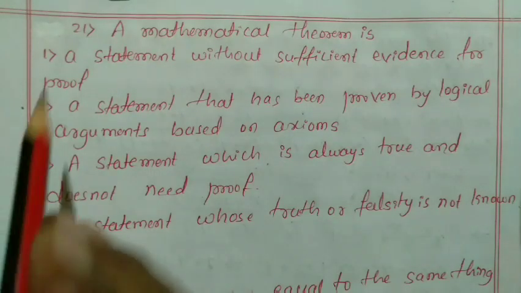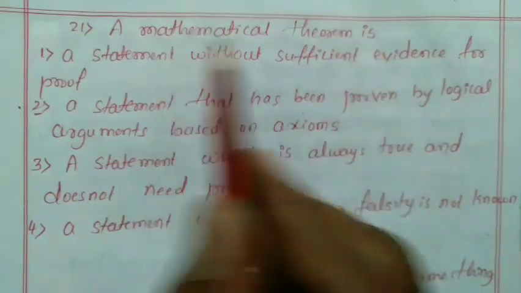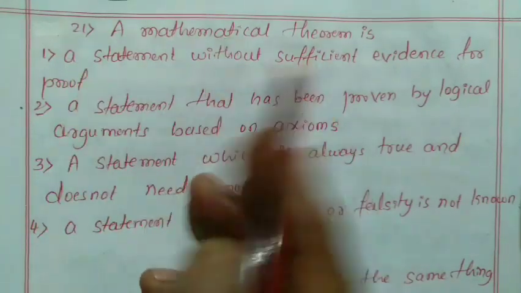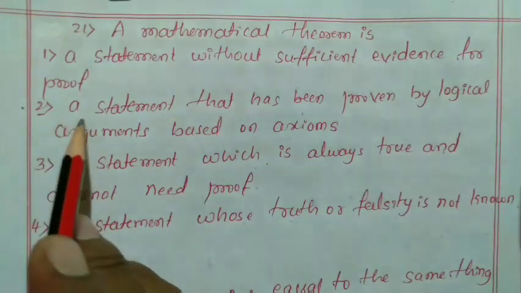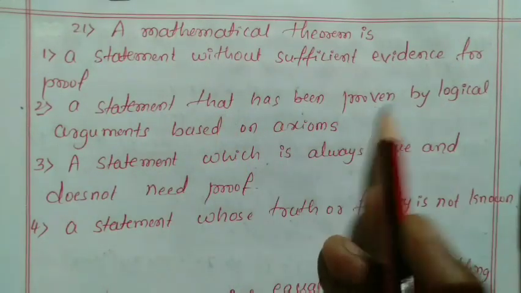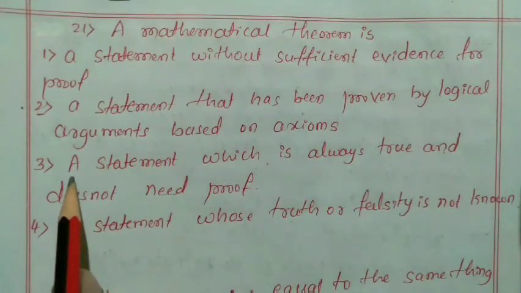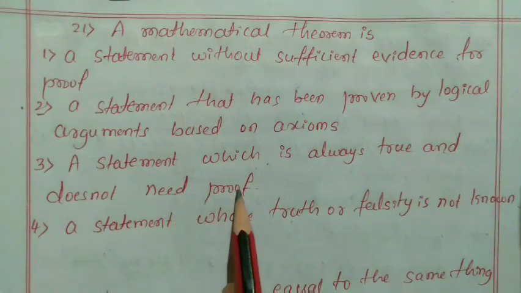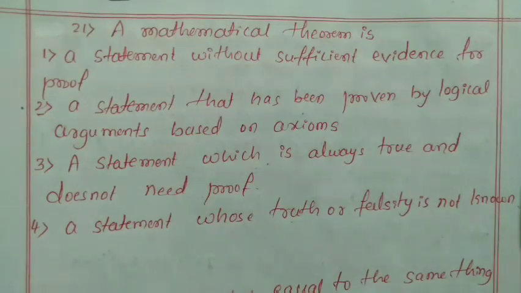So now I will go to the 21st question, and the question is: a mathematical theorem is what? A mathematical theorem is a statement without sufficient evidence for proof, or a statement that has been proven by logical arguments based on axioms, or a statement which is always true and does not need proof, or a statement whose truth or falsity is not known.